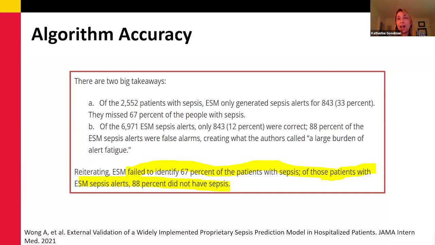And it was also alerting on a lot of patients that were effectively false positives. Almost 9 in 10 of the patients that it would flag did not ultimately have sepsis or progress to sepsis. So in the parlance of building these types of prediction models, we would say that it had suboptimal both sensitivity and specificity. So just somewhat inaccurate across the board.